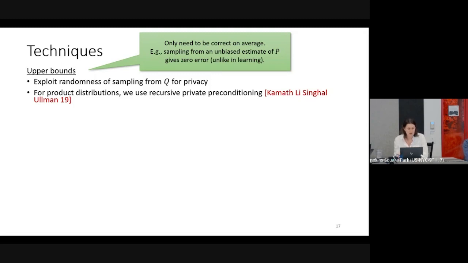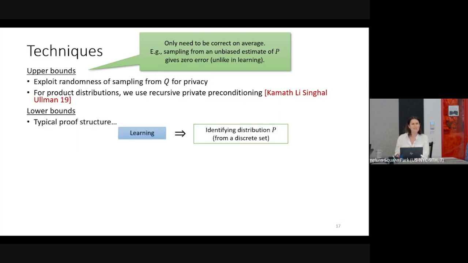And for our lower bounds, typically how a learning lower bound proof might go is you might say, well, in order to learn a distribution, if you can do that, you can identify the distribution from some set of distributions. And then you might argue that differential privacy prevents this if you don't have enough samples.